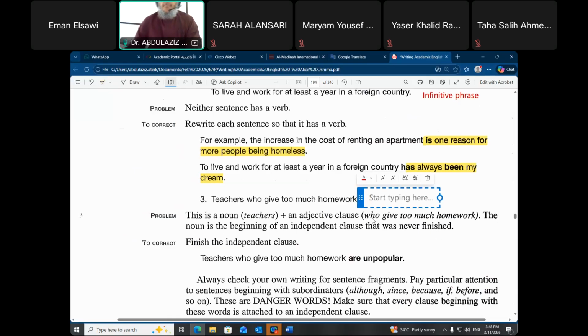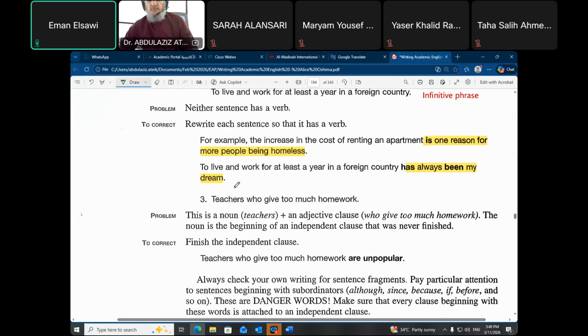No, doctor. Why not? See, it has a subject, it has a verb. It's dependent. It does not have a meaning. This is a sentence fragment. Why?